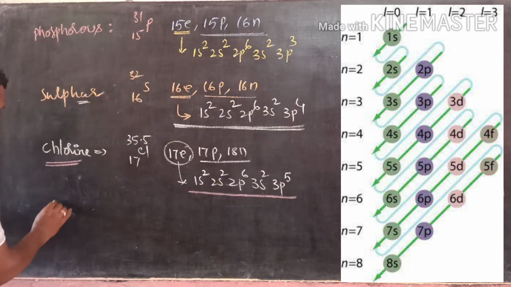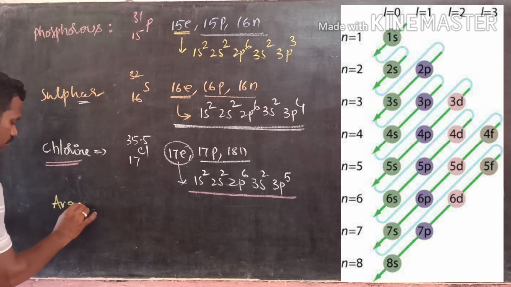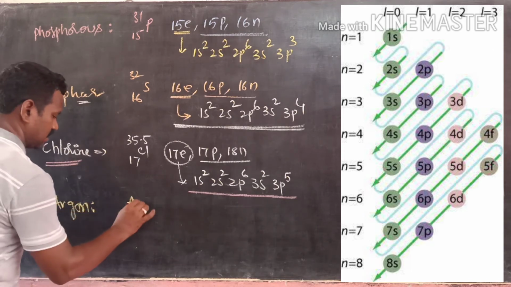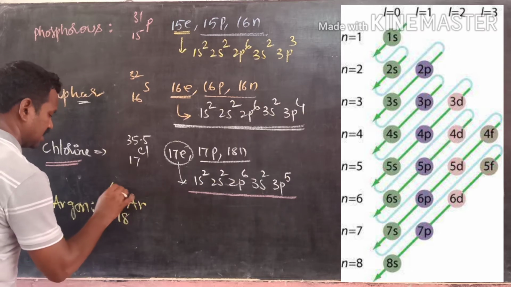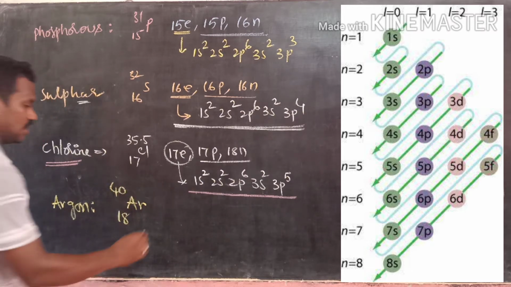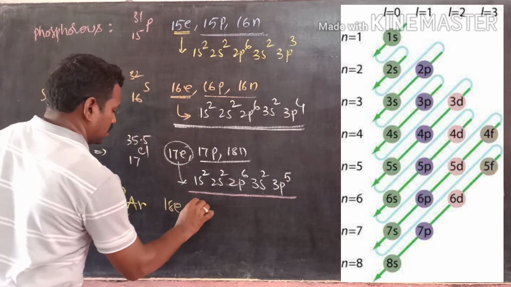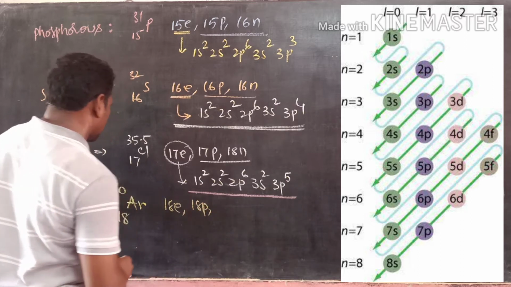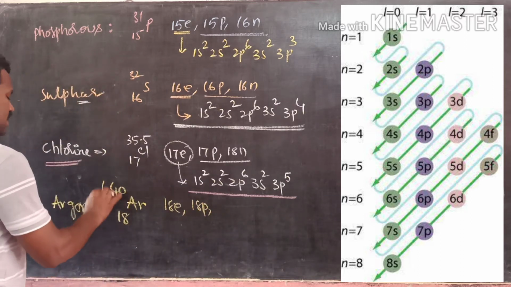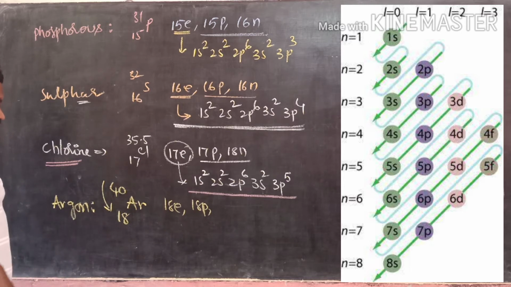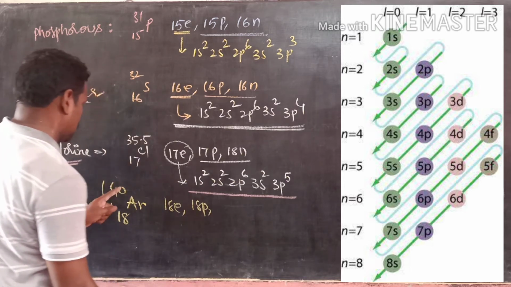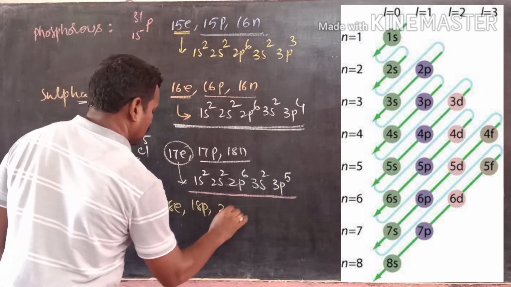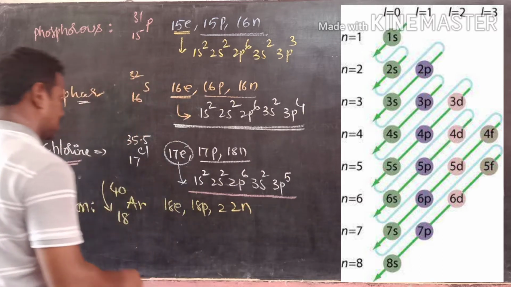The next element is argon, whose general representation is Ar 18 40. Now it contains 18 electrons, 18 protons. 40 minus 18, 22 neutrons are present.